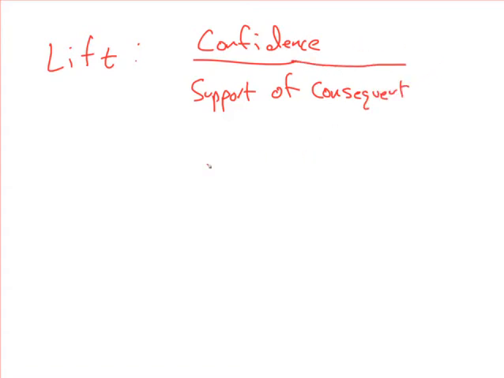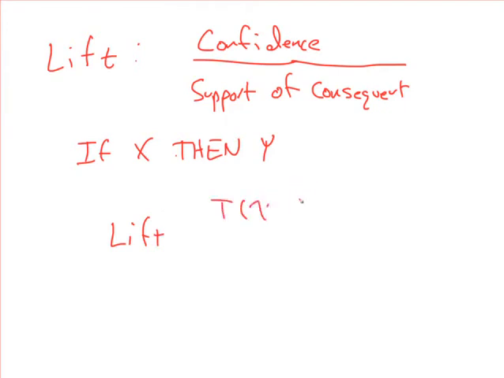So what we saw in the previous slide is the confidence, and so our rule, if I want a reminder, if x then y. What that means is the lift is going to be the confidence or the accuracy of the rule. So that's the support of both of these things divided by the support of the antecedent. But notice that the consequent doesn't appear down here when we're talking about accuracy.